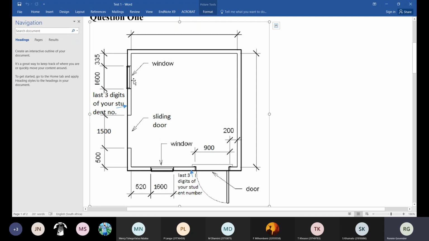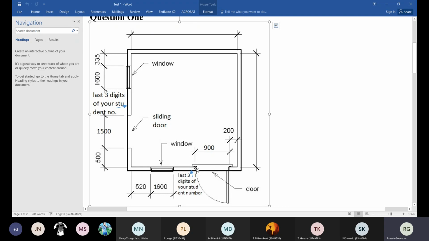So that gives us 4 times your 1600, in brackets, you can say 1600 plus 300 plus 300, which gives me 2.2 meters. So it's 4 times 2.2 meters you're going to need for the windows. And then for the door, you're going to need 2 by 1500 here, because it's 900 plus 300 plus 300.